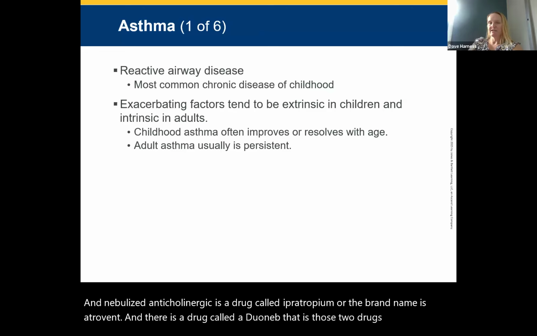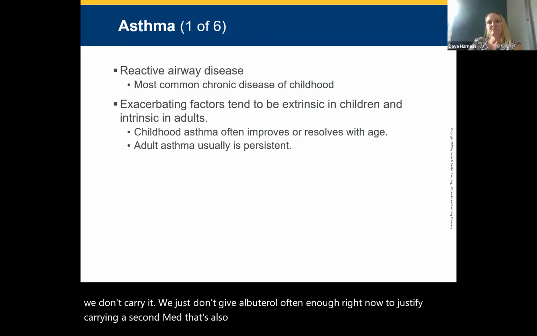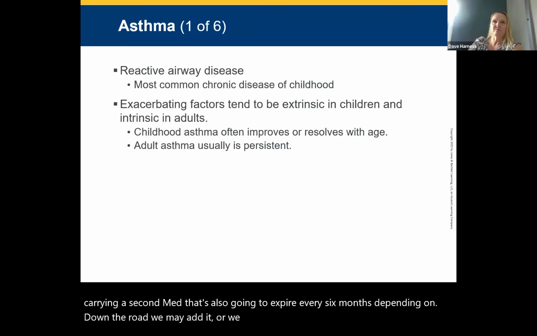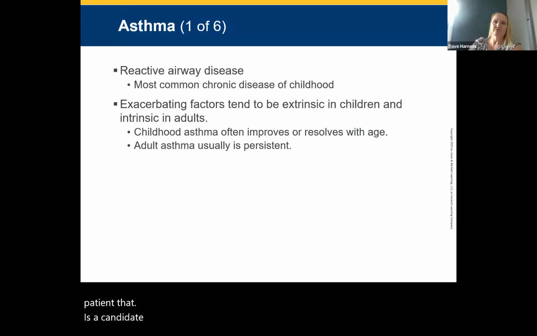So we don't carry it. We just don't give albuterol often enough right now to justify carrying a second med that's also going to expire every 6 months. Depending on down the road, we may add it or we may also just exchange it because any patient that is a candidate for albuterol is also a candidate for duoneb.